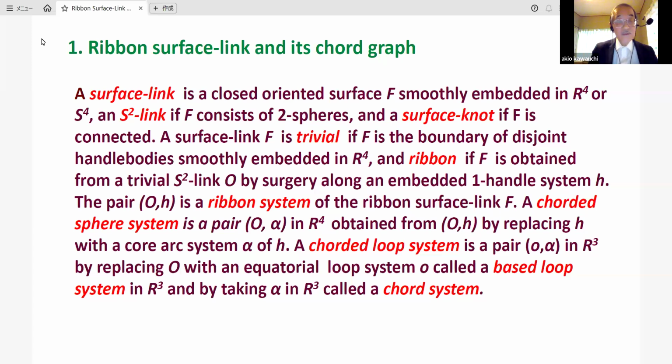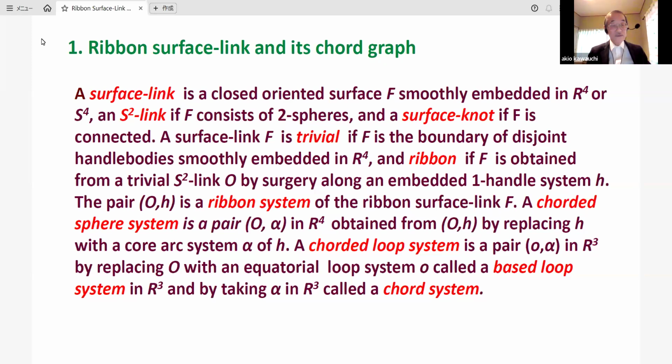A surface link F is trivial if F is the boundary of disjoint handlebodies smoothly embedded in R^4, and ribbon if F is obtained from a trivial S^2-link O by surgery, excuse me, along an embedded one-handle system. The pair (O, H) is a ribbon system of the ribbon surface link F.